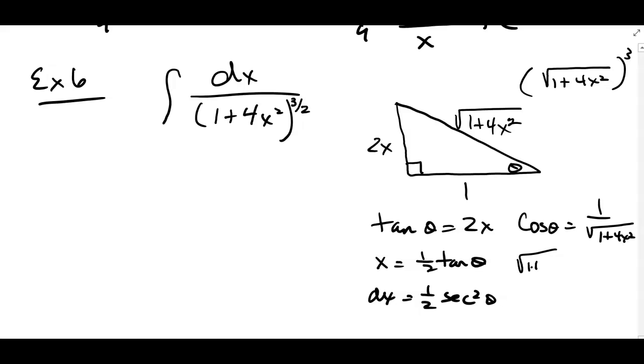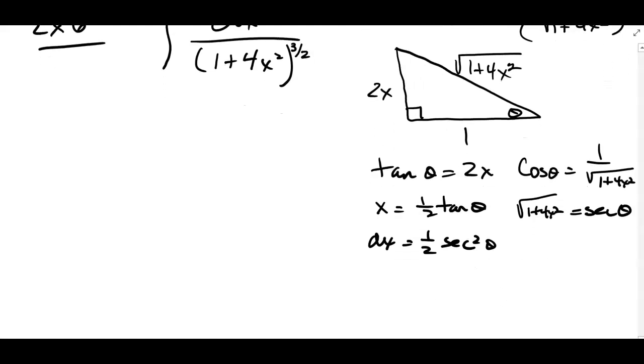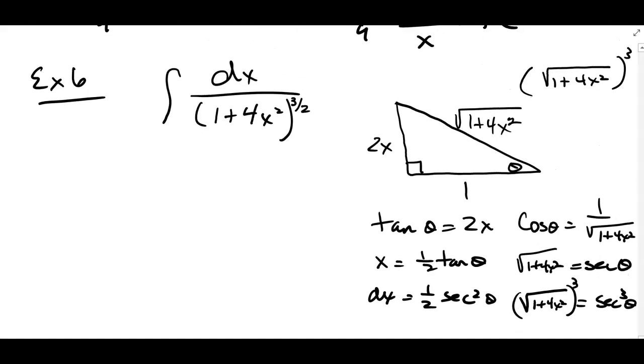So my radical 1 plus 4x squared equals secant theta. But remember, we're not replacing just radical 1 plus 4x squared. We have to replace that cubed. So that's going to be secant cubed theta. So you just have to recall that when you're putting it back in.